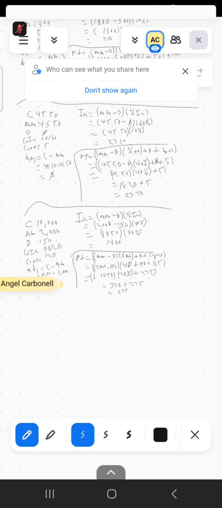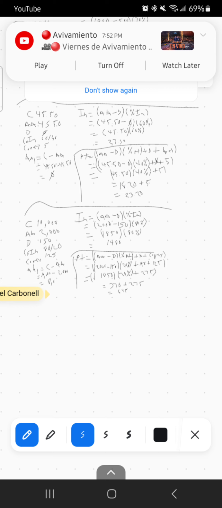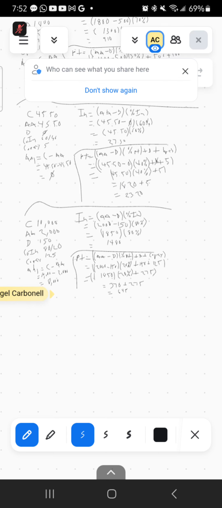There is an adjustment of $8,000. Any questions about that one?